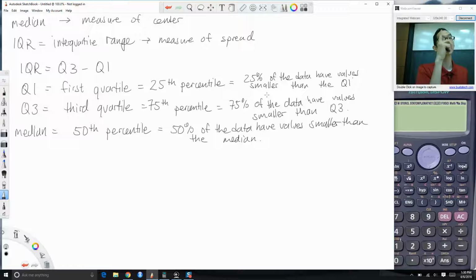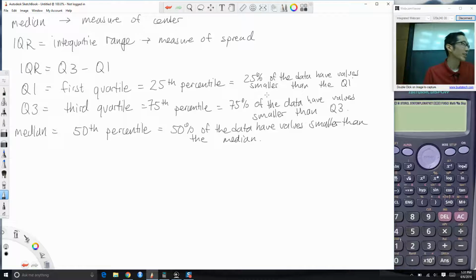Q1 is a number, and what we're saying is, if we had all of you students here and we asked how much money is in your bank account right now, some people have $0, some people have maybe a couple thousand dollars, depending on who you are.